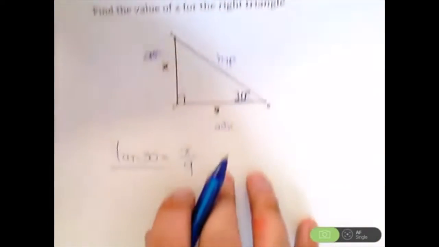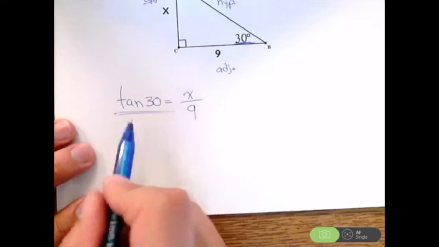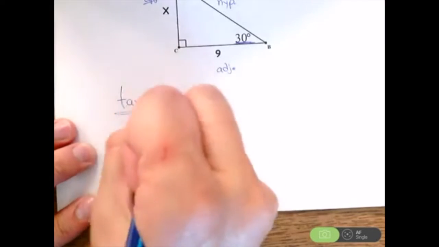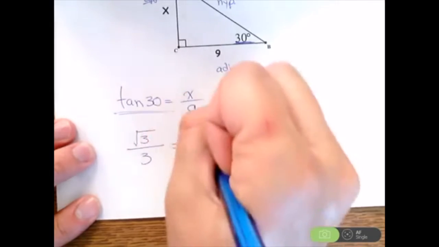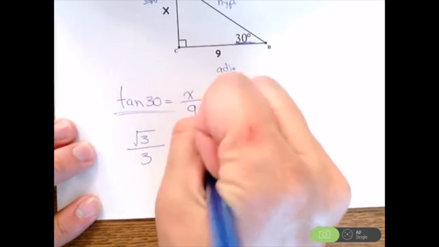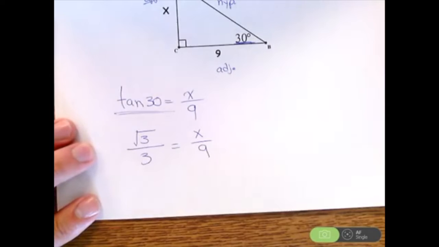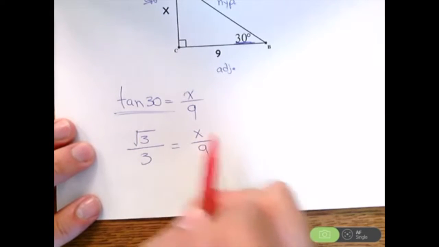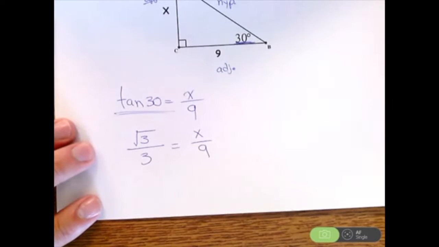So instead of writing tangent of 30, we substitute square root of 3 divided by 3 equals x divided by 9. The reason I'm doing that is it allows us to use a much more specific answer instead of a decimal form, and we can actually solve this for x.